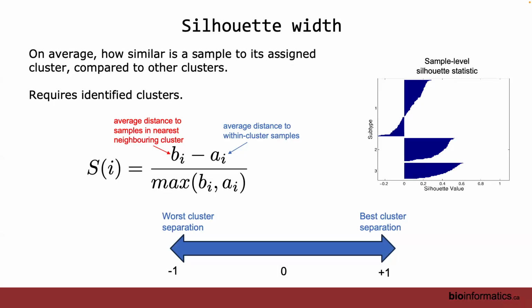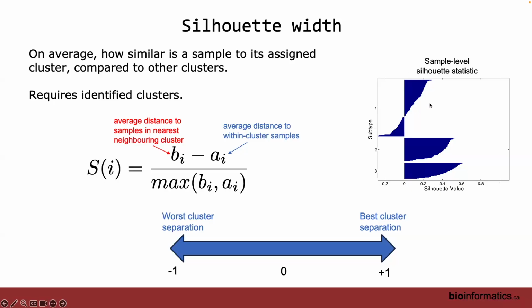With this metric, the best cluster separation is a positive number, and the worst is a negative number. Here's an example with 4 clusters, 1, 2, 3, 4, and each row shows the silhouette index of a sample. You can see that these 3 chunks are positive, and this little chunk is negative.